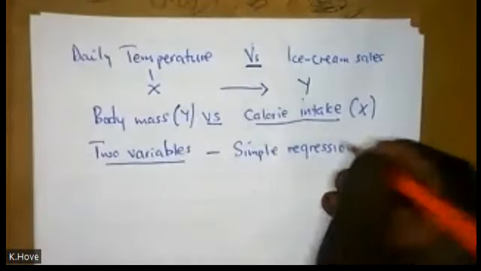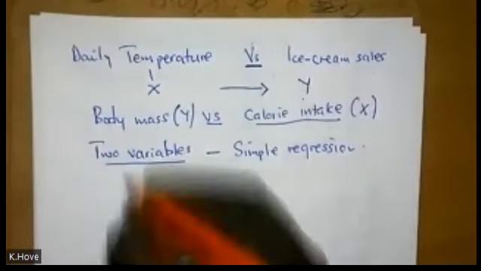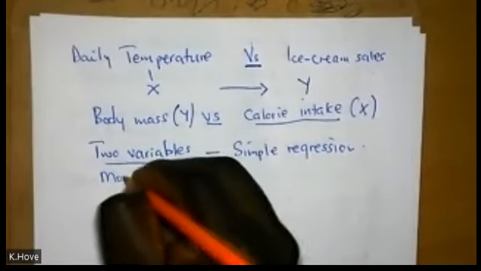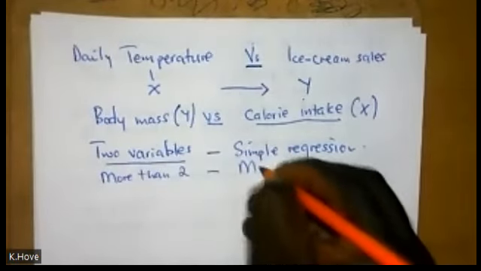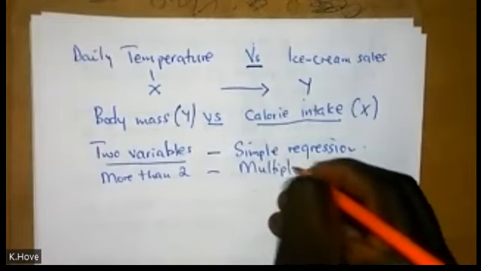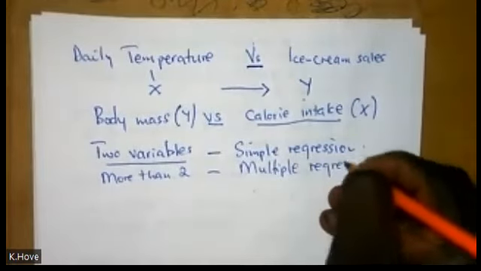Simple regression involves only two variables. But when we have more than two, we talk of multiple regression.